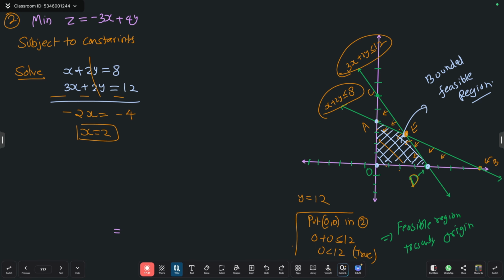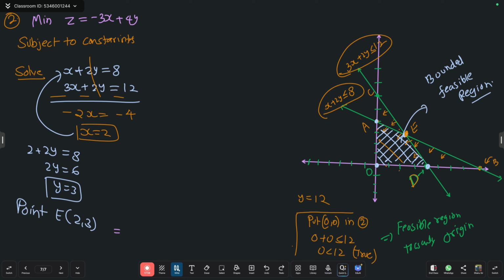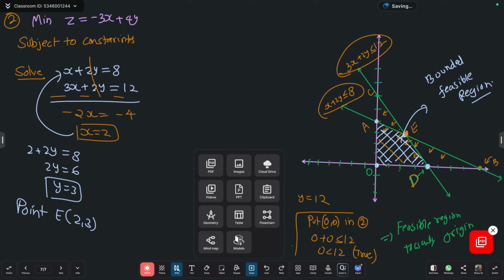Now put the x value back anywhere. Then what is y? 2y equals to 6, y is 3. It means that point E is 2, 3. Now we can make our table.